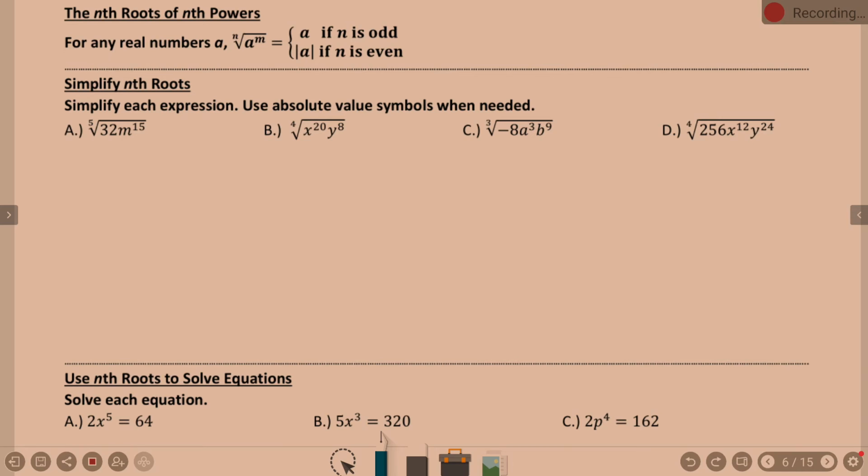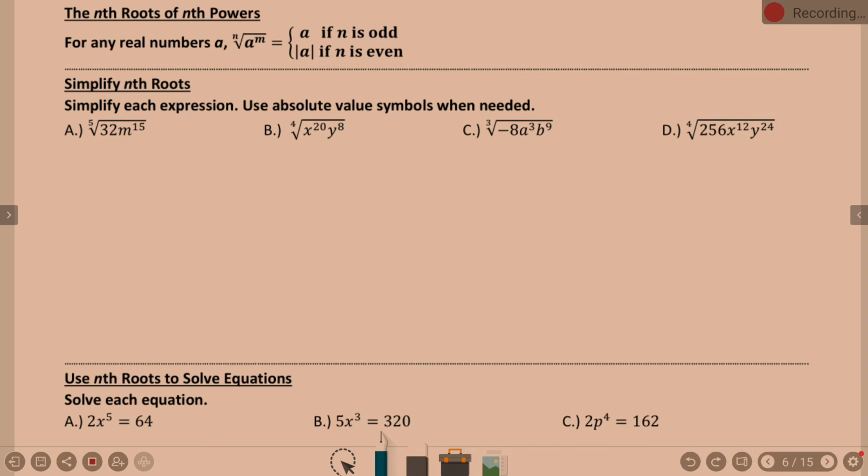Can we take the square root of a negative value? I think I tried to do that up here, didn't I? Yeah. I tried to do square root of negative 25. It didn't work, did it? We can't do the square root of a negative number. And so, in the case of a variable, we might have to use absolute value bars to ensure it is positive. And so it doesn't happen a whole lot in homework, but it happens a little bit.